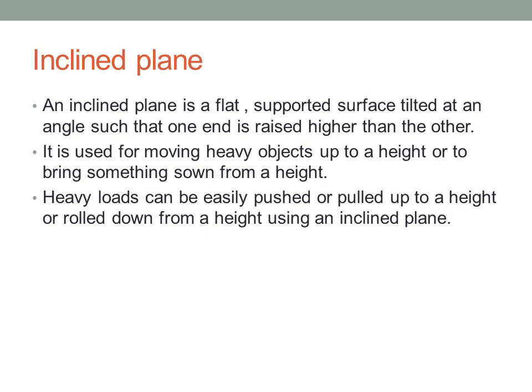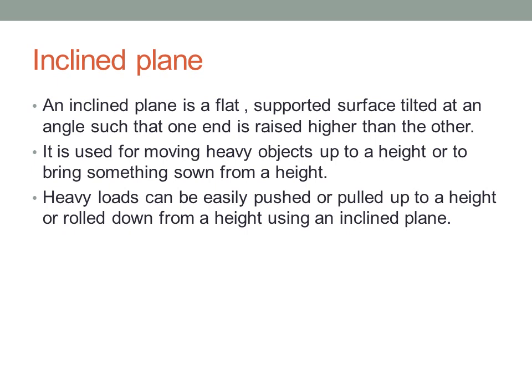Okay. And the next one is called an inclined plane. So what is an inclined plane? It is a flat, supported surface tilted at an angle such that one end is raised higher than the other. Okay, see the diagram on page number 127. You can see the inclined plane.